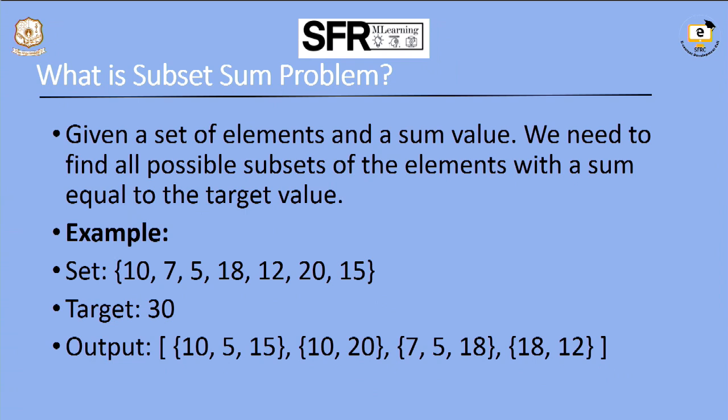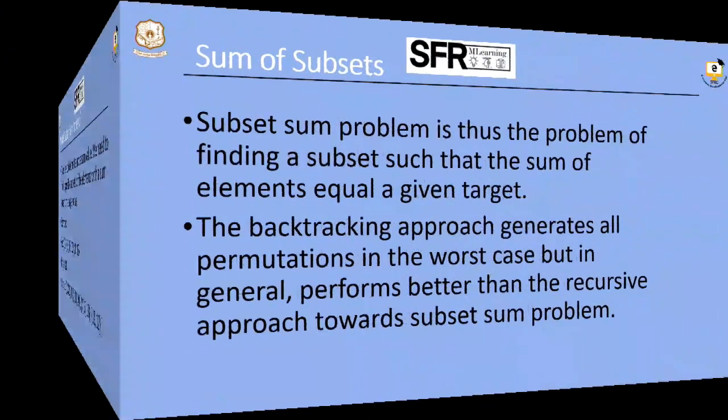Similarly, 7, 5, 18 adds up to 30, and 18 and 12 adds up to 30. The remaining combinations are not going to give the target value. When you consider this, it is called a non-promising node where the target value is not achieved. So, we will backtrack and proceed in such a way that the sum of the subset always gives the target.